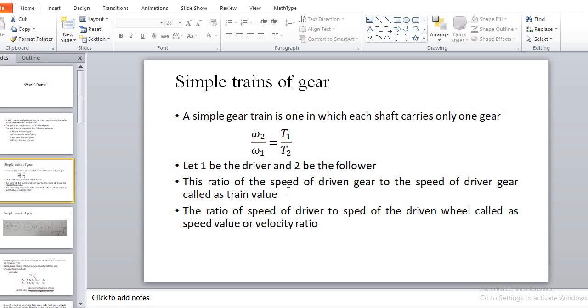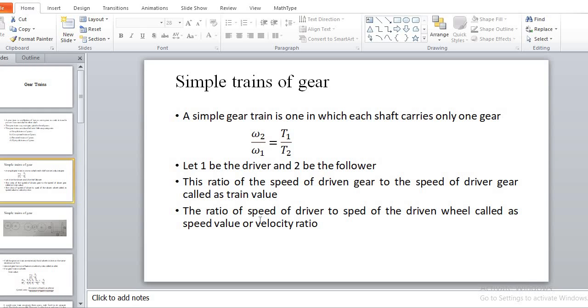This ratio of the speed of the driven gear to the speed of the driver gear is nothing but the train value.